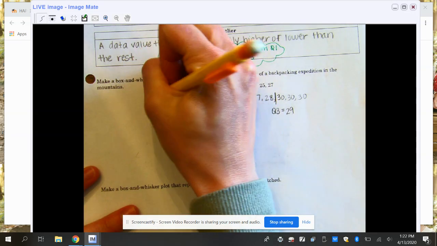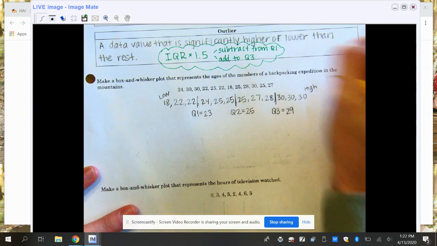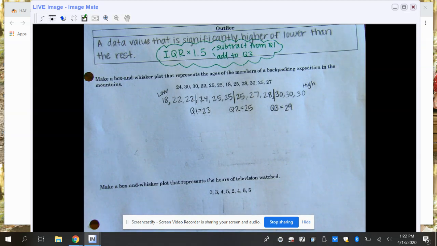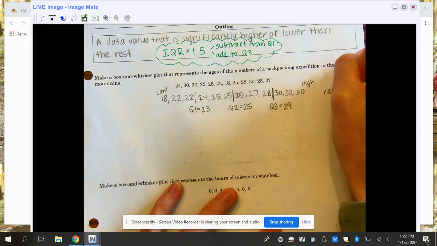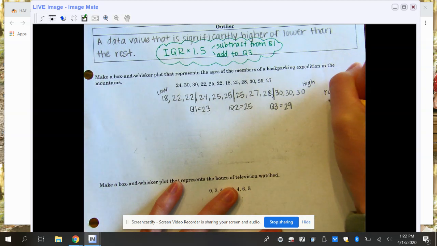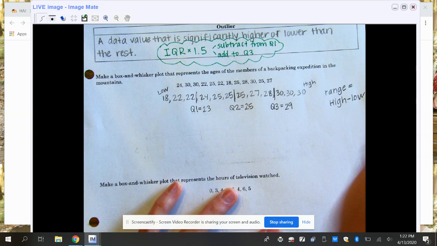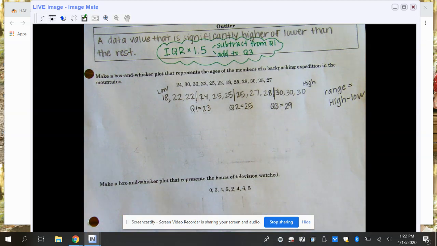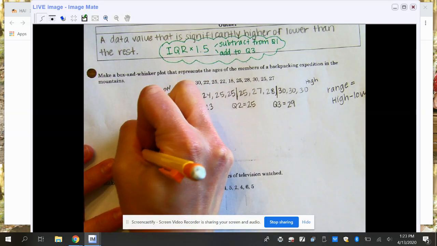So since my lowest value is 18 and my highest value is 30, that's only a range of 12. Remember, your range is the highest minus the low. We haven't really defined that yet, but most people usually remember that from middle school or whenever you guys learned it. So since the range is only 12, I'm gonna go ahead and just go up by 1.